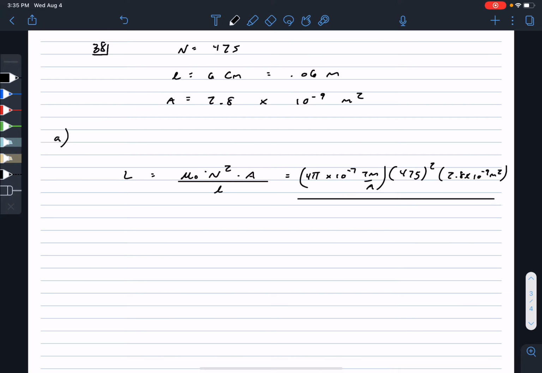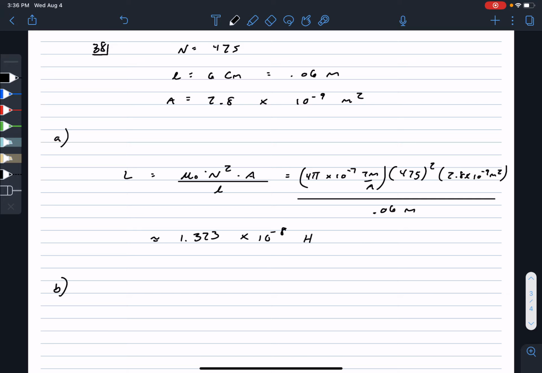That's cross-sectional area, all over 0.06 meters. So we plug this in and we get a value of 1.323 times 10 to the negative 8 newtons over amps. Henry. The unit of an inductance is a Henry.